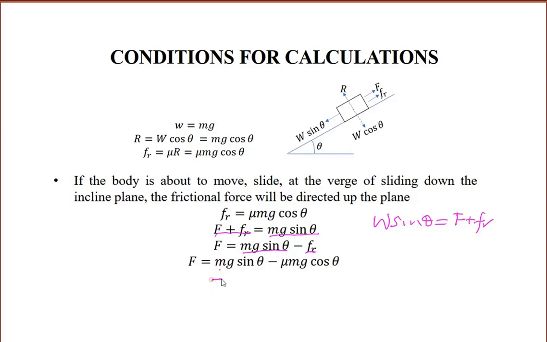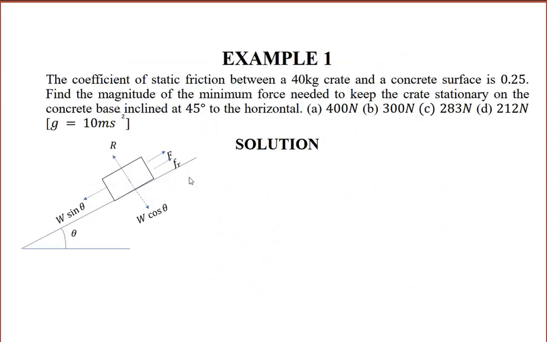We can bring Mg out, so we have Mg into sine theta minus mu cos theta. So that is the condition for calculation if the body tends to move down the inclined plane. Now let's look at an example on that.